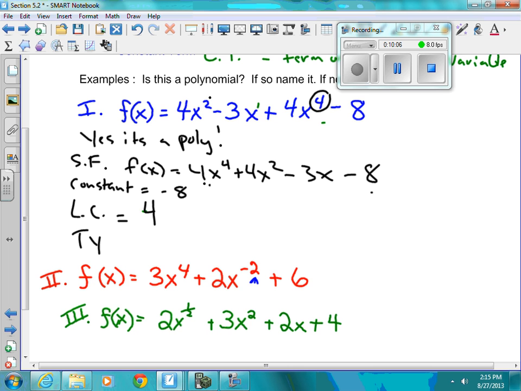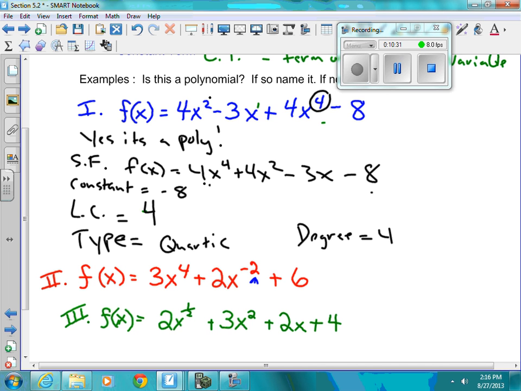What type is it? We can name it as long as the degree is 4 or less. It's a degree of 4, so it is a quartic. I don't think we actually said the degree, but our degree is 4. The highest power is 4.